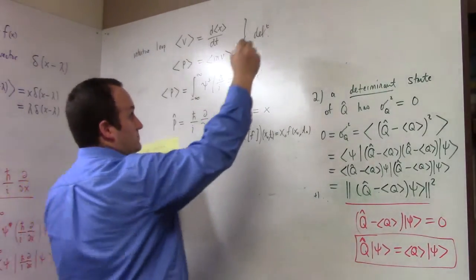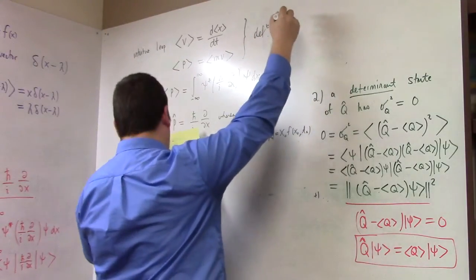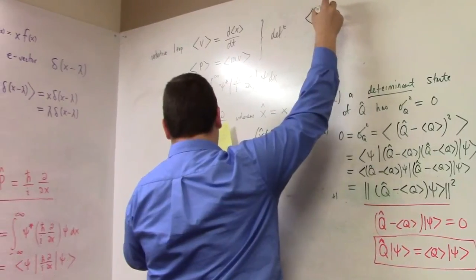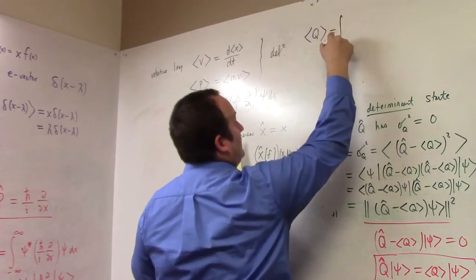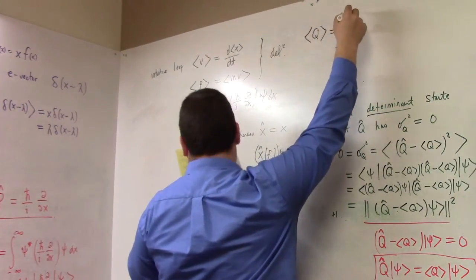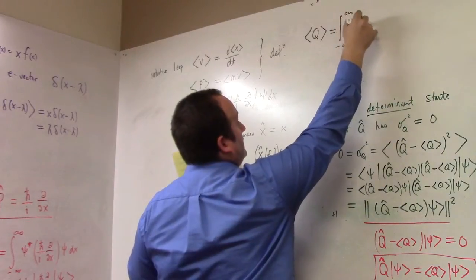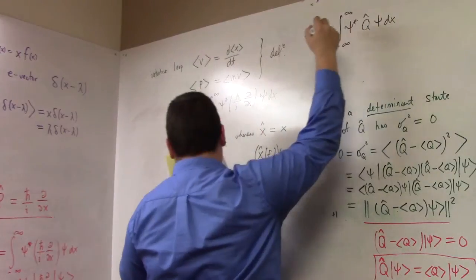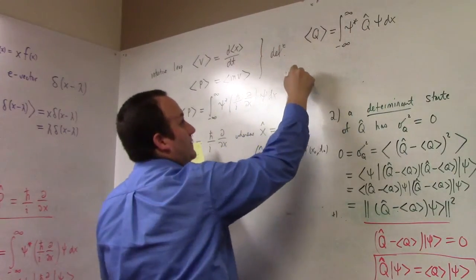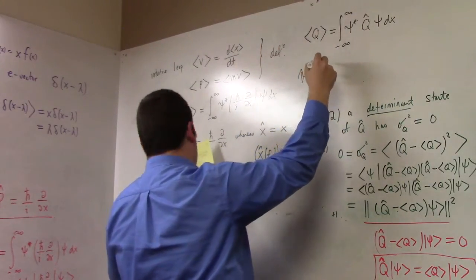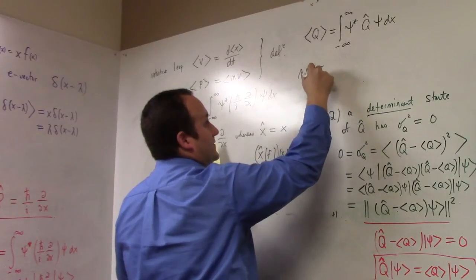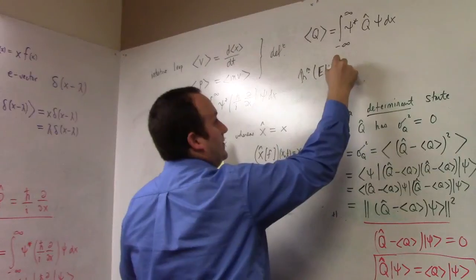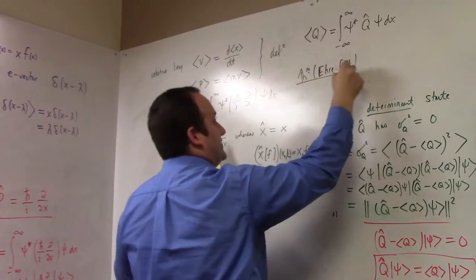So the expectation value of Q was equal to the integral from minus infinity to infinity of psi star, the operator of Q, psi dx. We also have a theorem. Maybe I'll prove this. This is known as Ehrenfest Theorem, and it may answer some of your questions.